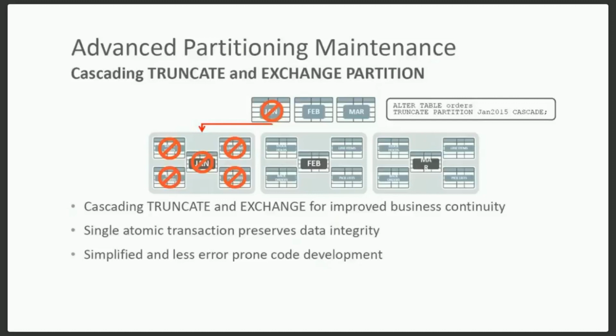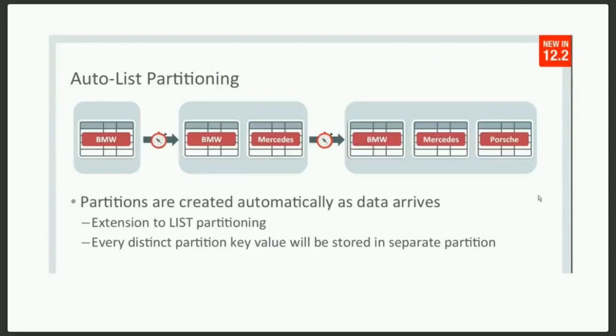This cascading truncate is good because in a single atomic transaction, I'm able to preserve data integrity. I don't have to go to each individual child table and truncate that partition, because when the partition is truncated on the parent, it cascades down to all the child tables as well.